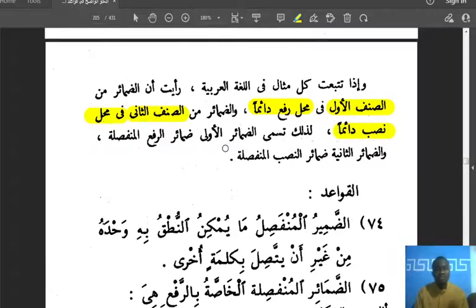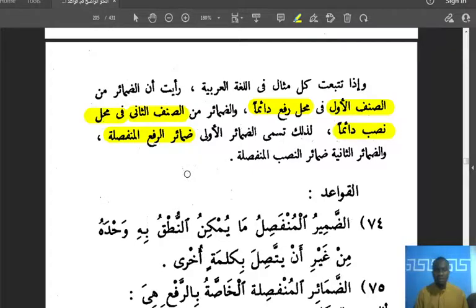لذلك تسمى الضمائر الأولى ضمائر الرفع المنفصلة. So the first category of pronouns, the أنا kind of pronoun, أنا, نحن, هو, أنت, أنتم, أنتن, they always come as مرفوع.